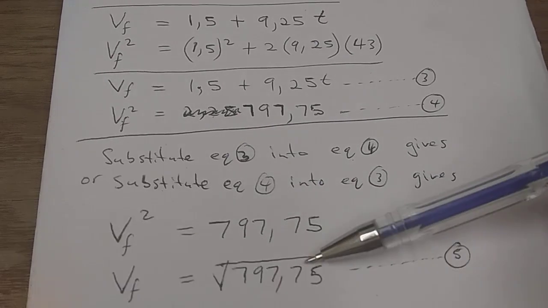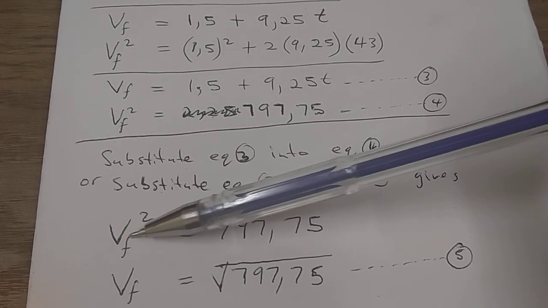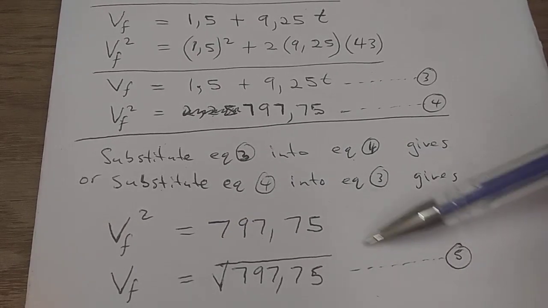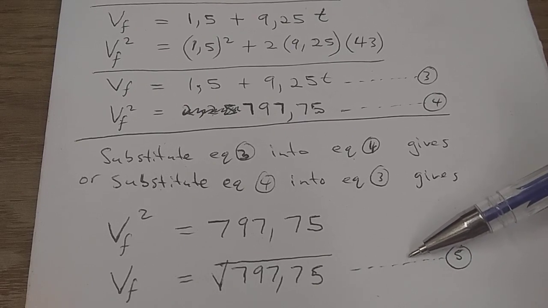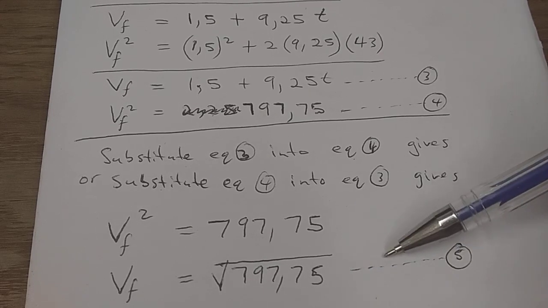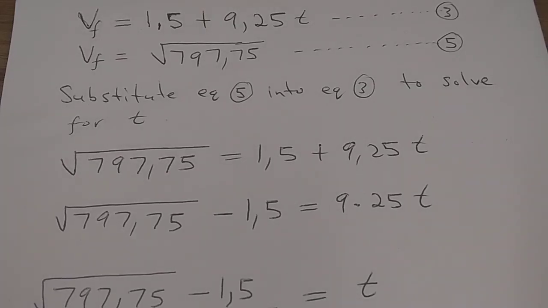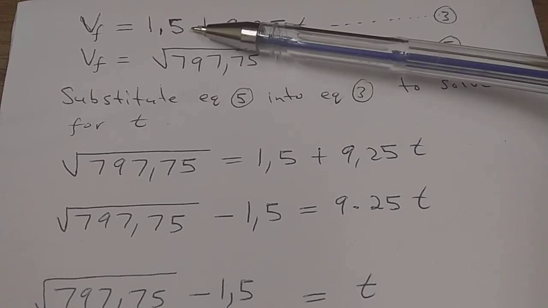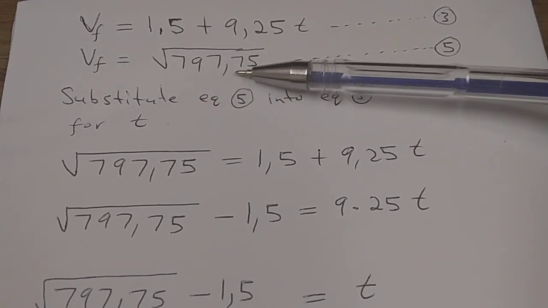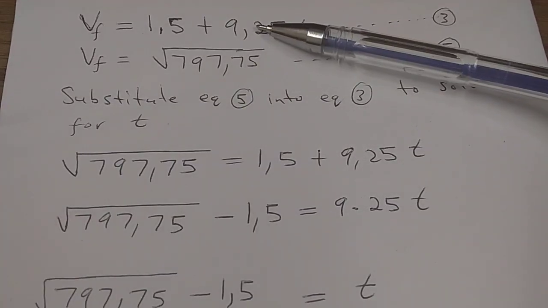Once you square root both sides, we get the square root of 797.75. We can make it equation 5. Since we have our equation 3, and this is our equation 5, which we just calculated, we substitute 5 into equation 3.